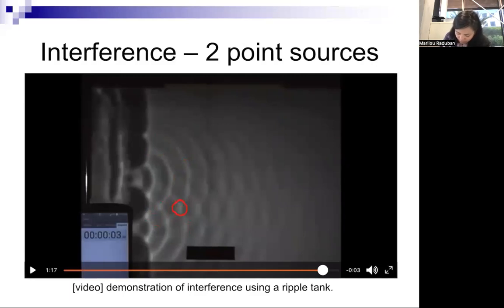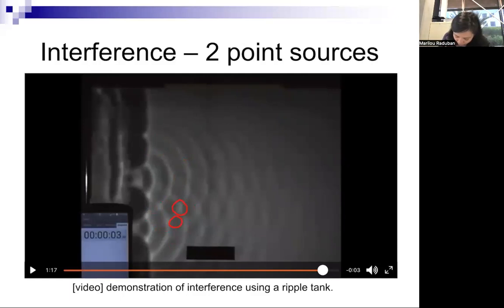But notice at this point, for example, it's a dark section, so you have there the trough interfering with the trough. That means you also have a reinforcement of the amplitude, but they're both negative.